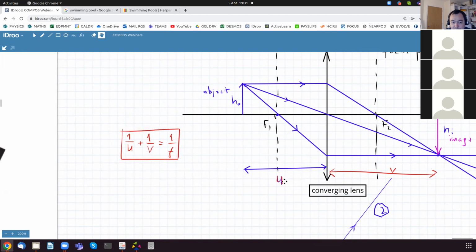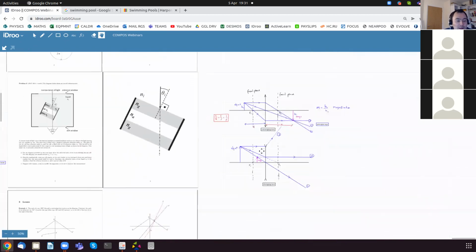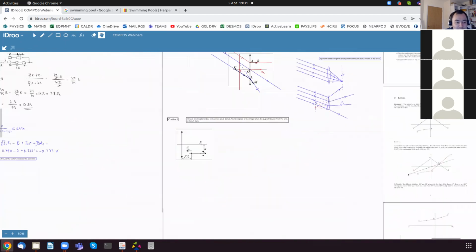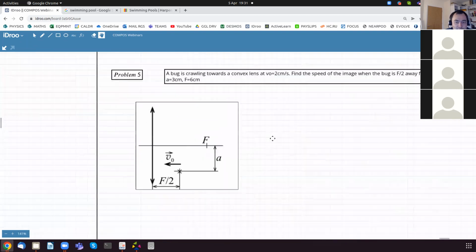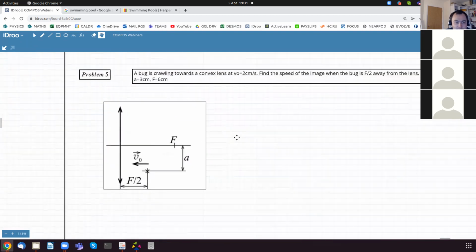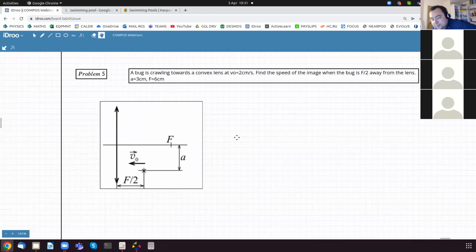So this is the relationship between the distance from the object to the lens and from the lens to the image. And F is the focal length, of course. You can look up the formula for the diverging lens as well. It's very similar, just with a minus.